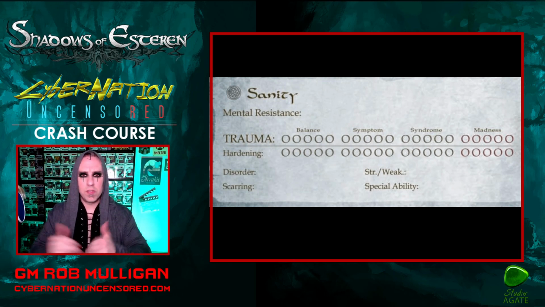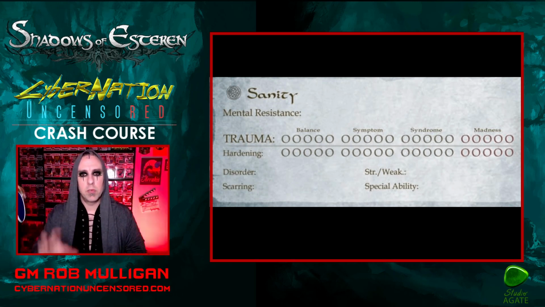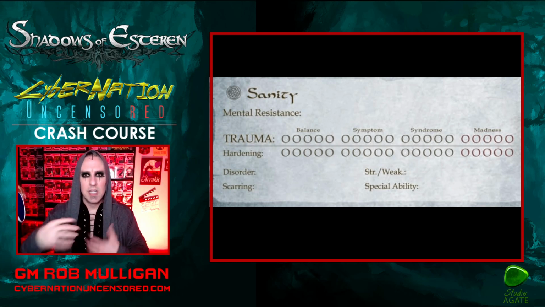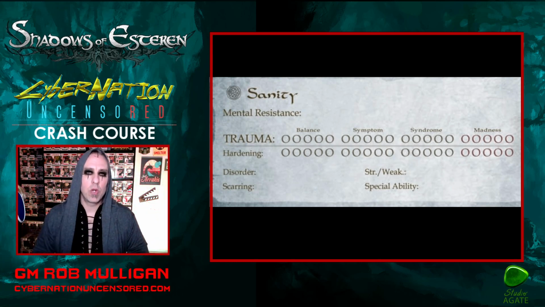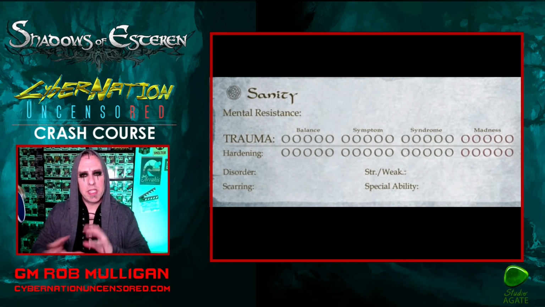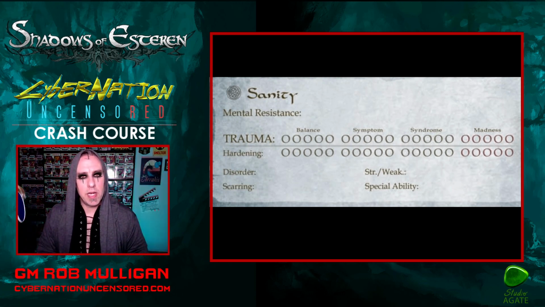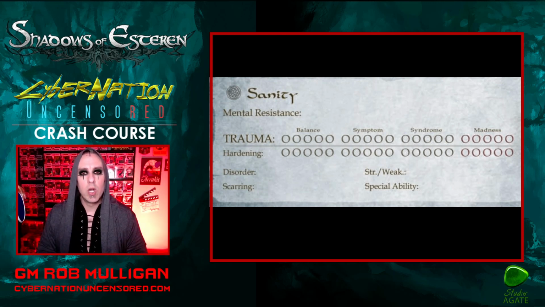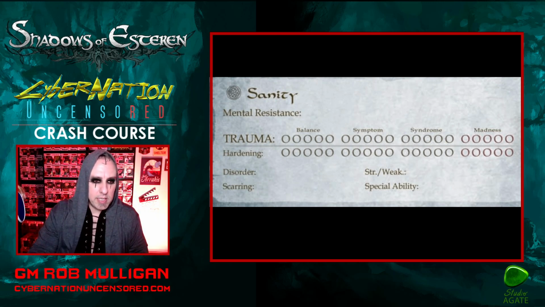And those are all defined in the book in great detail based on symptoms, syndrome, madness, the different levels of how that disorder will affect you, and then obviously what will happen in a crisis. Again, it's suggestions. You can make it your own. You can define it yourself and work on that with the player. A player might manipulate those slightly based on the character, right, and make it their own as well. So there's no right or wrong way to do this, but let's get into that mental disorder chart.